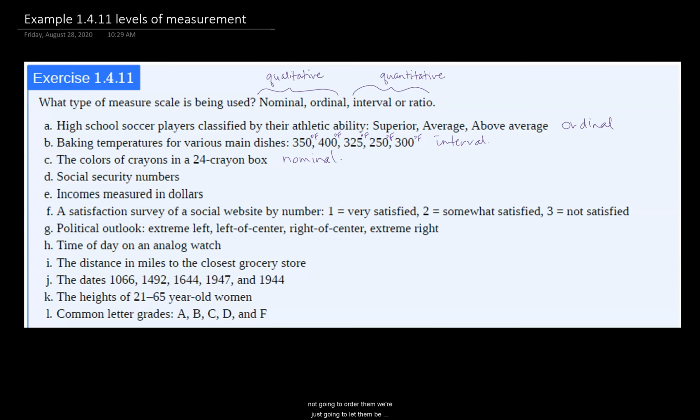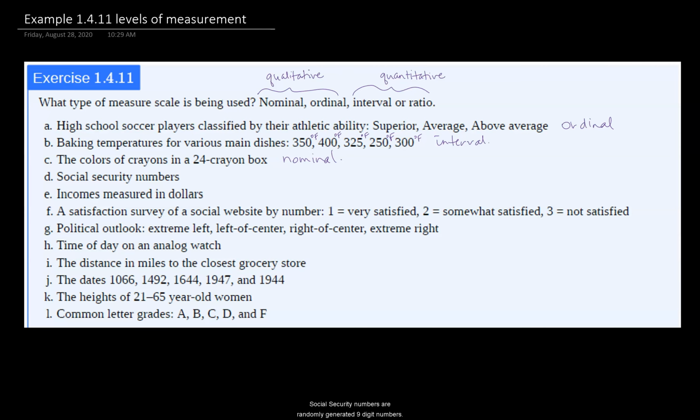Social security numbers for D. Social security numbers are 9-digit numbers unique to every citizen in America. They are numbers, but those numbers are not indicative of a count or a measure. Quantitative data must be a count or a measure.